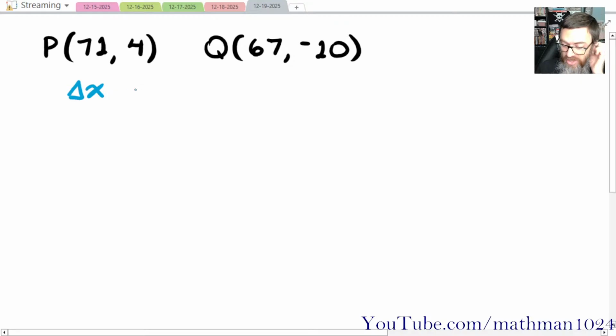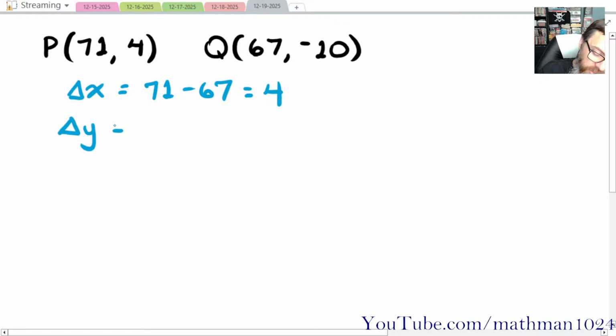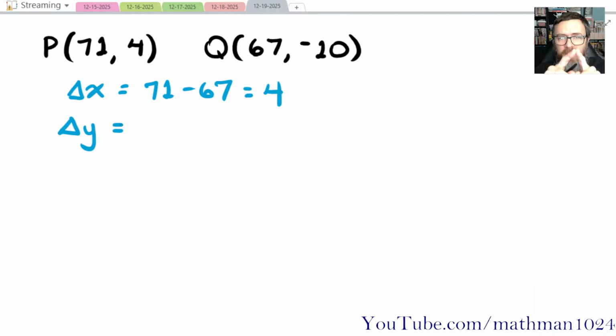So if I look at the change in x, and you might even just want to do this away from the formula, and say, let me just do 71 minus 67. So we get 4, right? And let's do the change in y. Now, I hope that you can see the difference between 4 and -10. Keep in mind they are on opposite sides of 0, right? 4 is 4 units to the right, -10 is 10 units to the left.